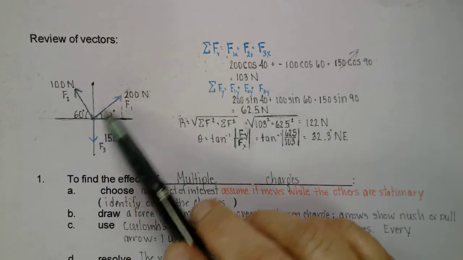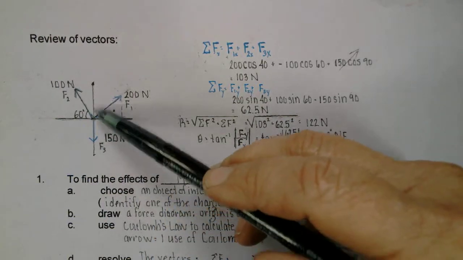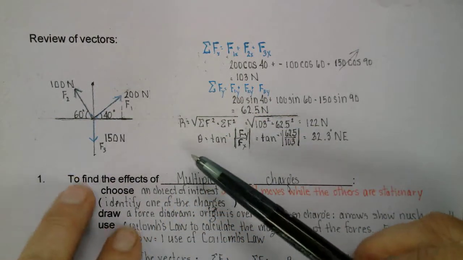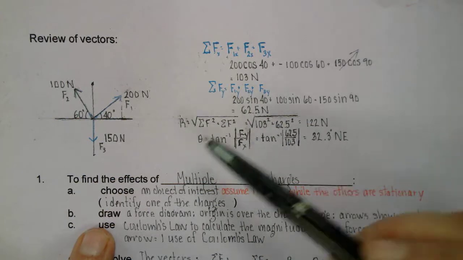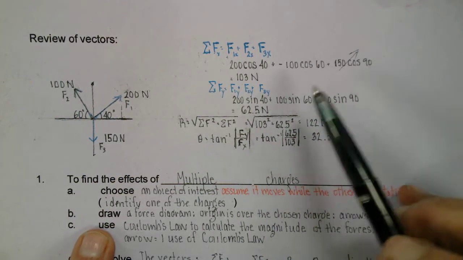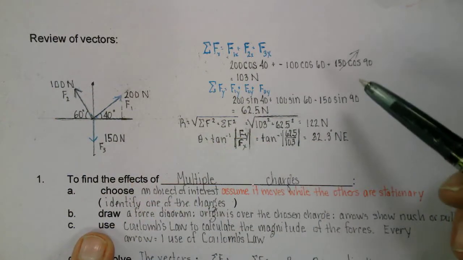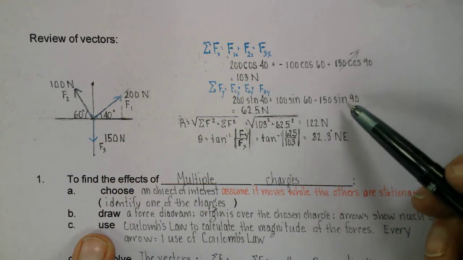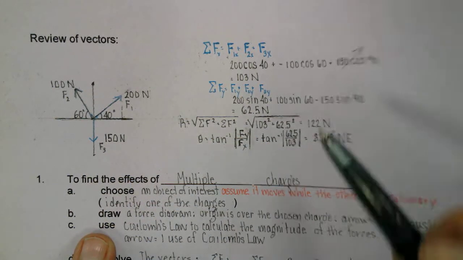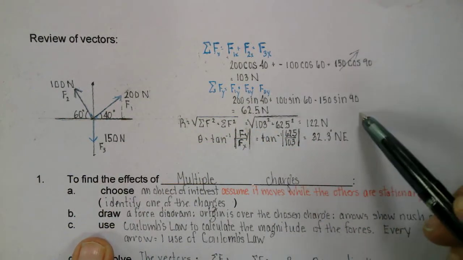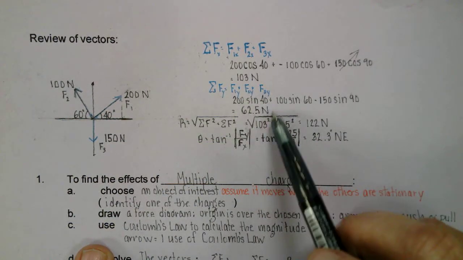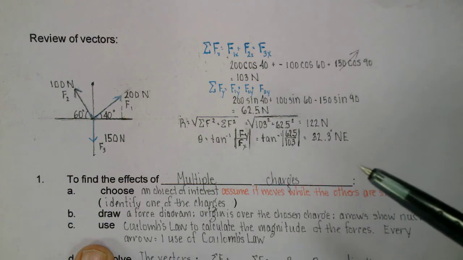It's positive because it's going up above the x-axis, in the positive y direction. Plus 100 sine of 60. Again, it's going up, and up is positive y. Minus 150 sine of 90. I'm going in the negative y direction, so it's a negative sign. That all combines to 62.5 newtons.